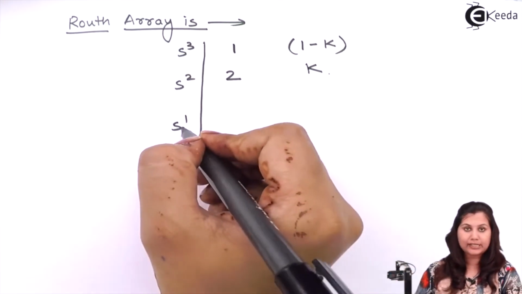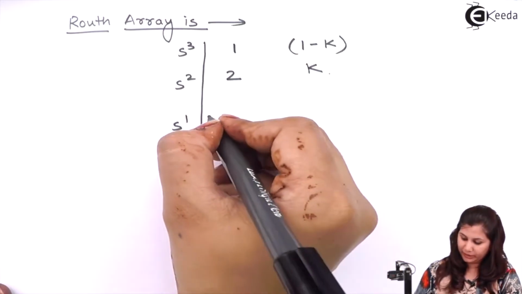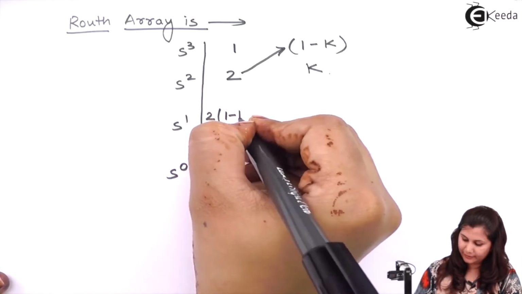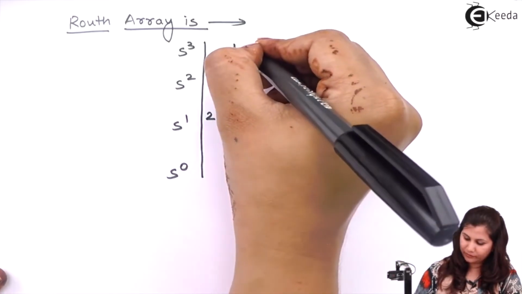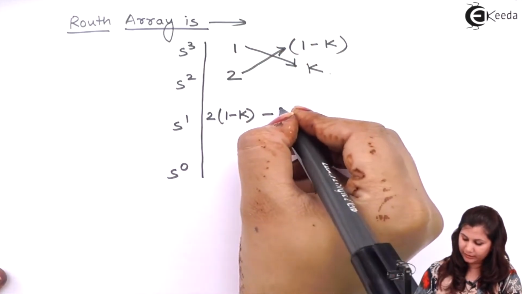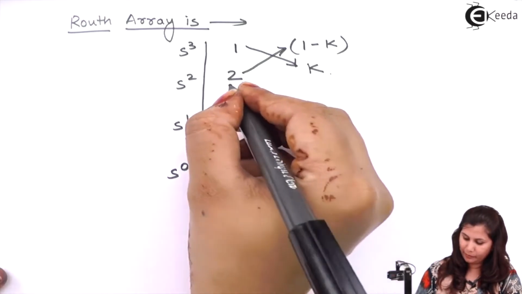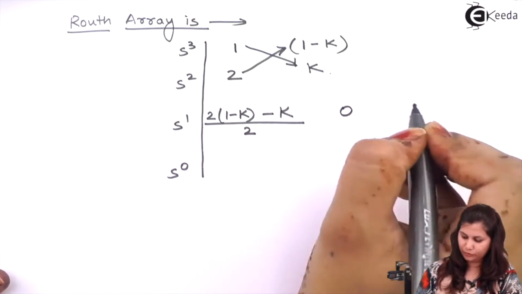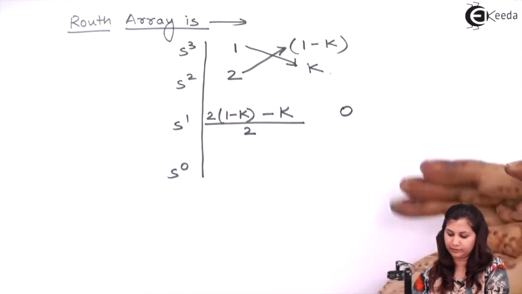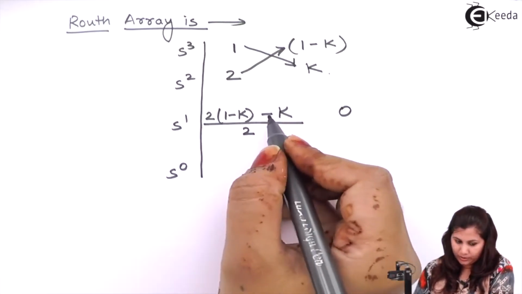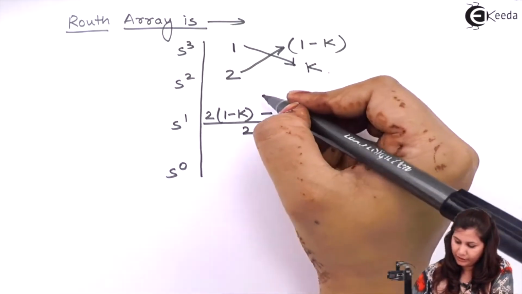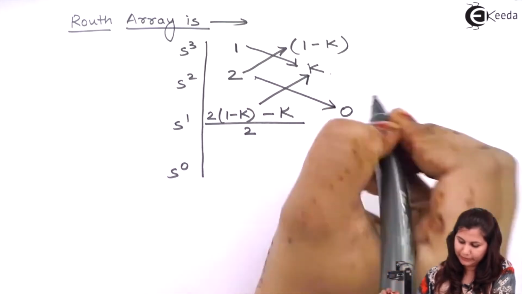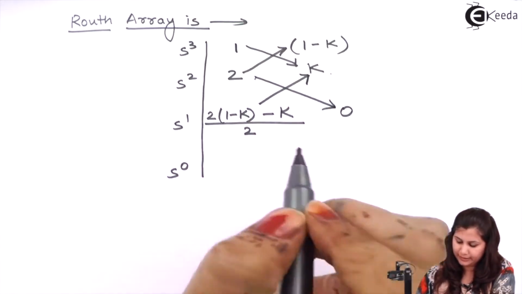Now finding s to the power 1, what will it be? It will be 2 multiplied with this (1 minus K) minus this 1 multiplied with K, that is minus K, divided by 2. And this coefficient will be 0 because we are not having further terms. Now next we will have this multiplied with this minus this multiplied with this, divided by this term.